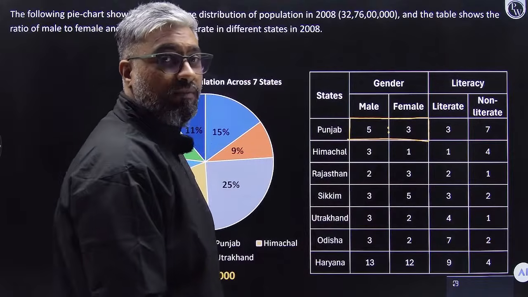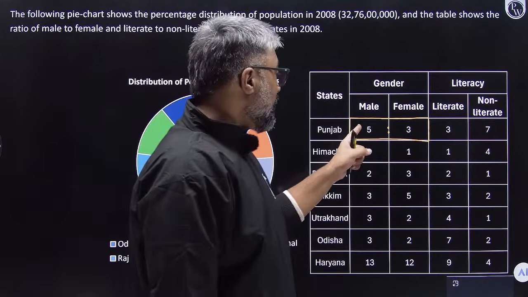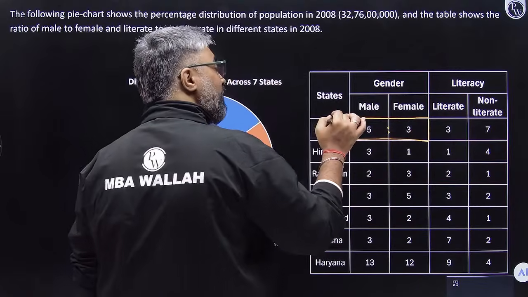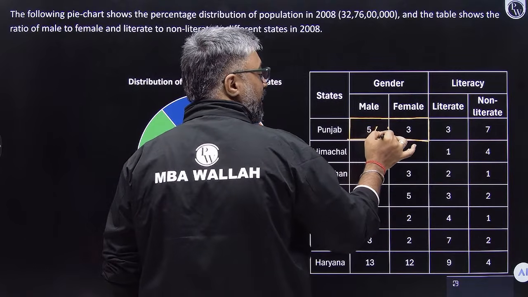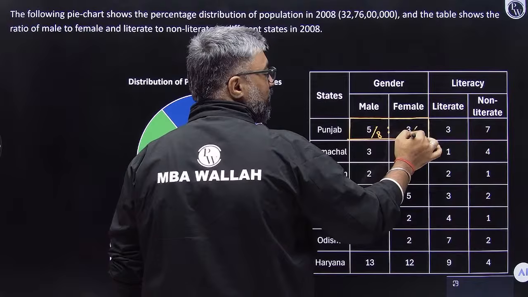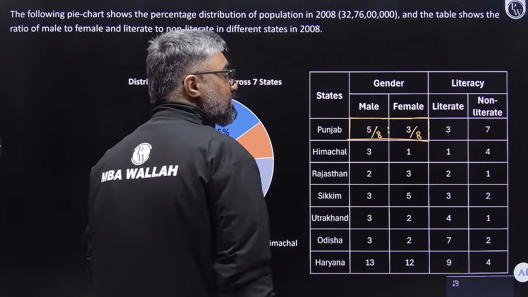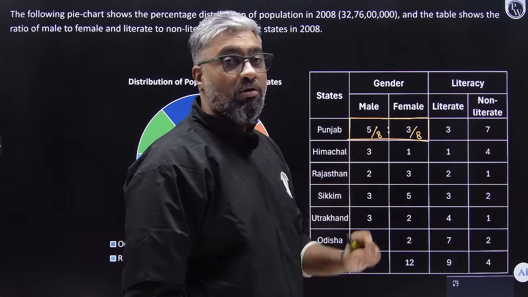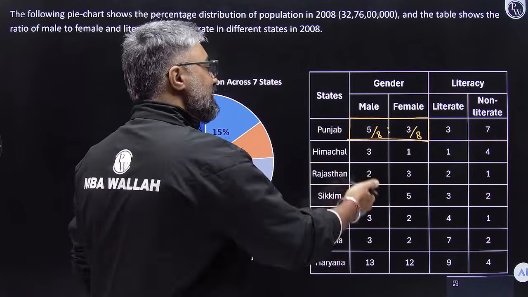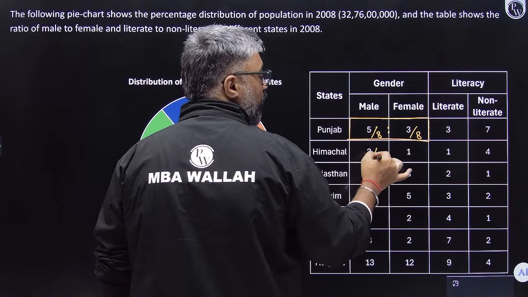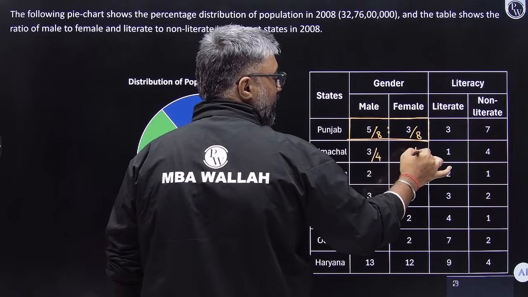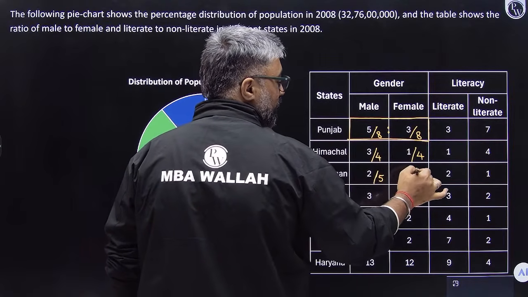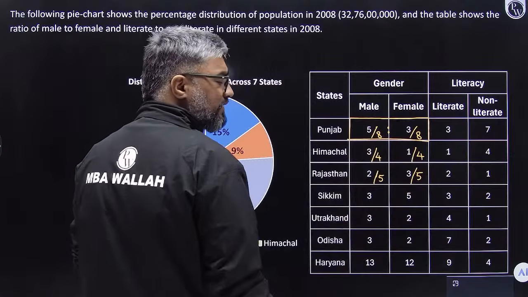That means out of total 8 parts, 5 parts is male and 3 parts is female. Punjab male, 5 out of 8, Punjab female, 3 out of 8. Getting this? Same way here, out of 4 parts, 3 parts is male, 1 part is female. Out of 5 parts, 2 parts is male, 3 parts is female.